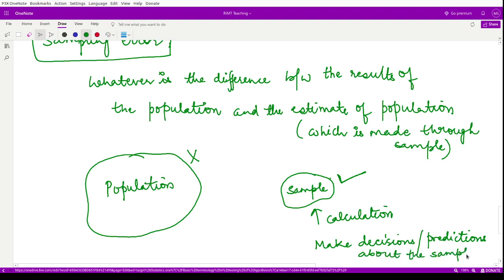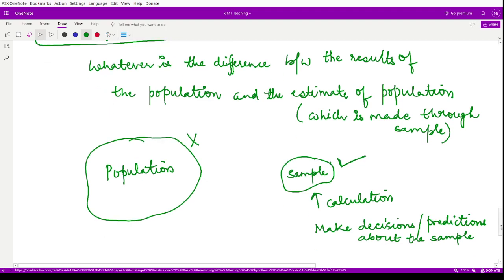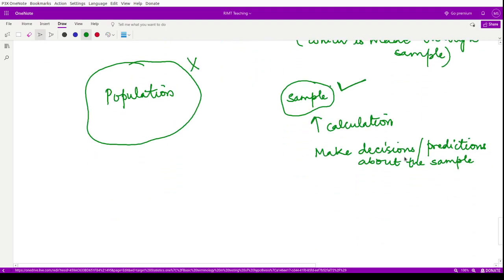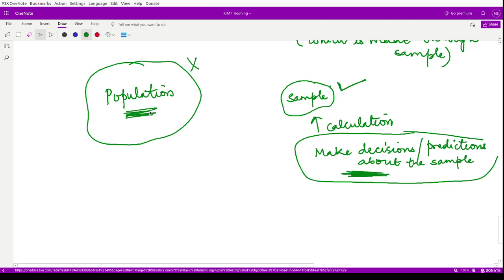So you see, from small information, you may reach a decision on your population. That is the beauty of studying statistics. So we make decisions from the small sample to this population. However, to check whether our decisions are correct or not, we should have the population also.